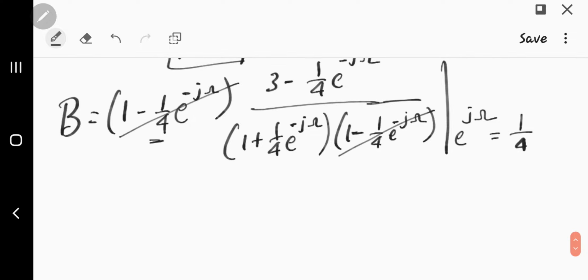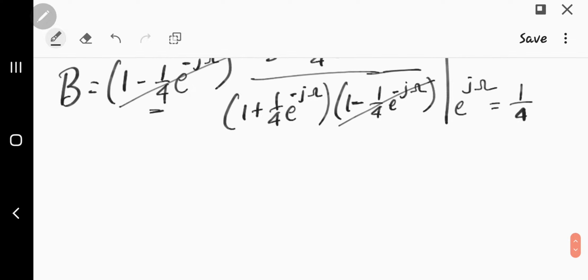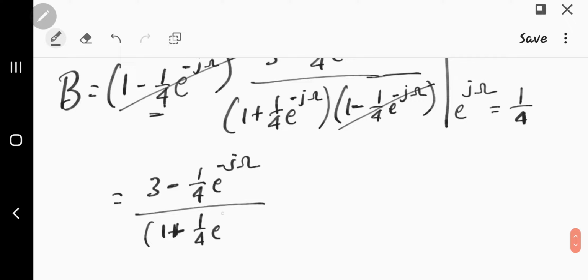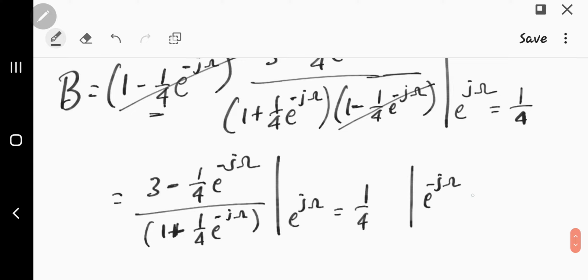Now these two get cancelled, and we remain with (3 minus 1/4 e^(-jω)) divided by (1 plus 1/4 e^(-jω)), where e^jω will take 1/4. So e^(-jω) will be equal to plus 4.